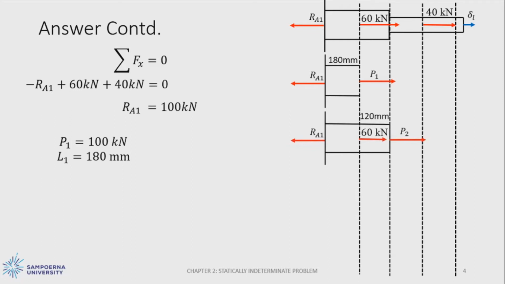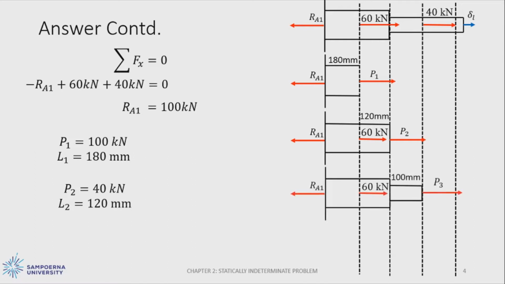We have 100, which is RA1, minus 60 kN, and we get 40 kN as the P2. And the L2 is 120 mm, which comes from the dimensions of the system. It is the same with the third partition.